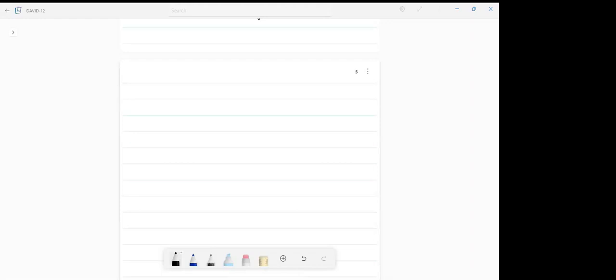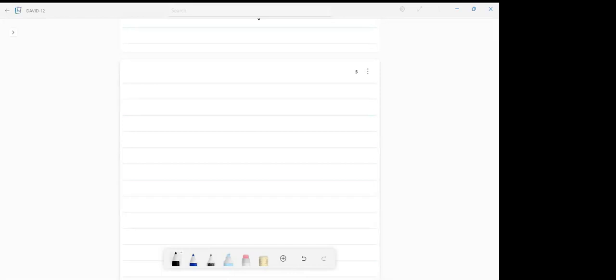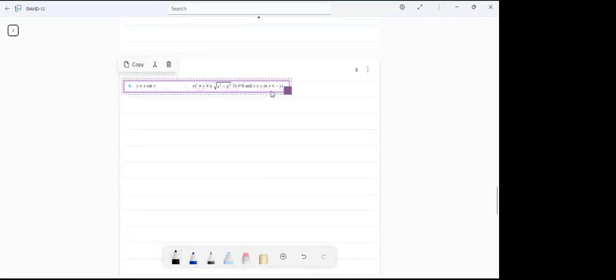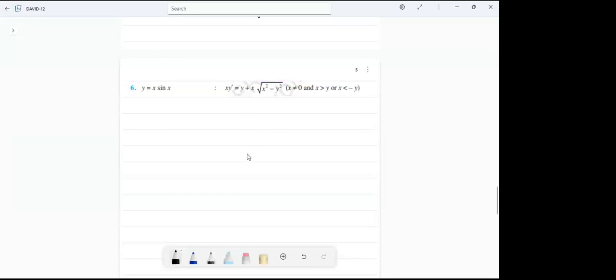Number 6. We have y equals x sin x, and we have to verify xy dash equals y plus x root x square minus y square.